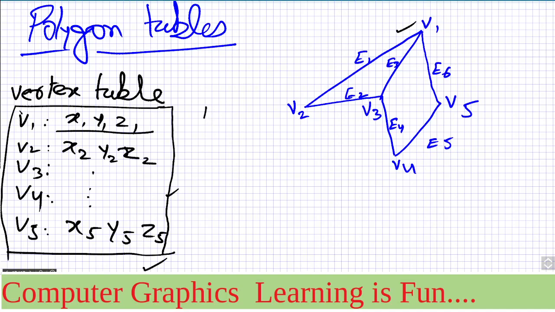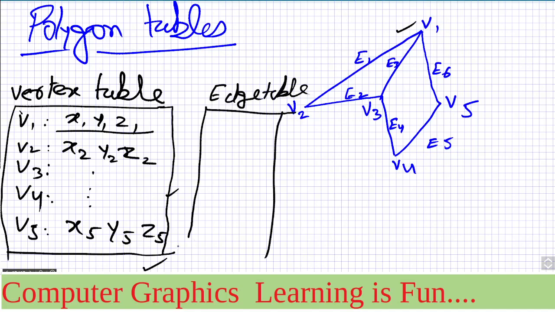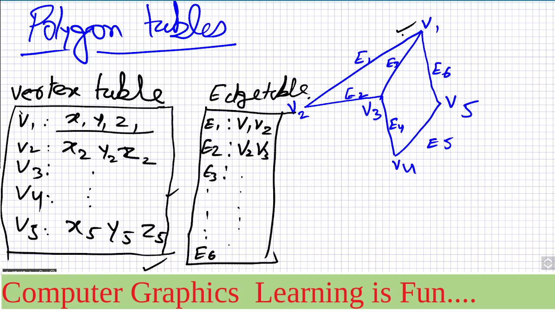Let me also note down the edges. So we have an edge table. In this edge table, you are storing the information related to edges, E1, E2, E3 through E6, right? So what is edge E1? E1 is between V1 and V2. E2 is V2, V3. Similarly, we have other edges as well.